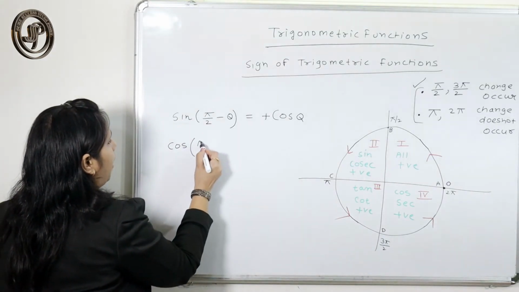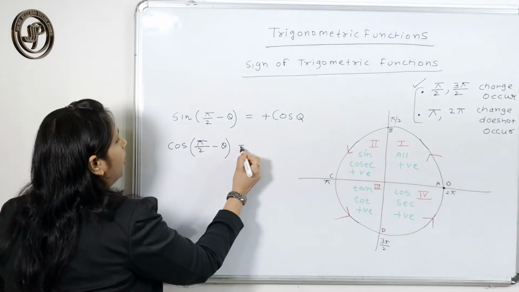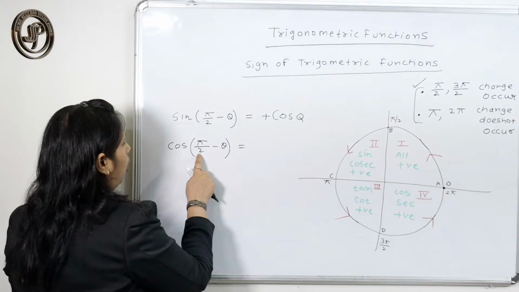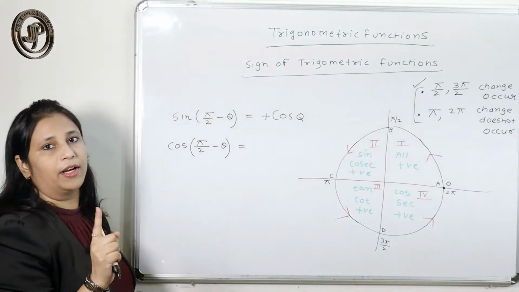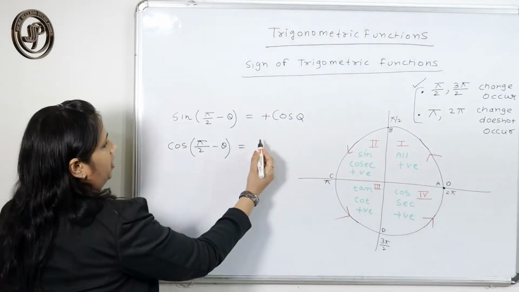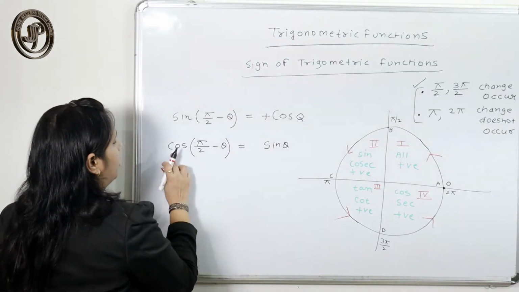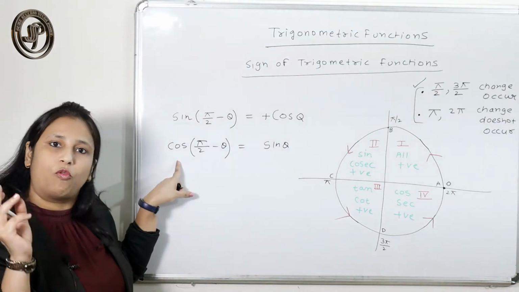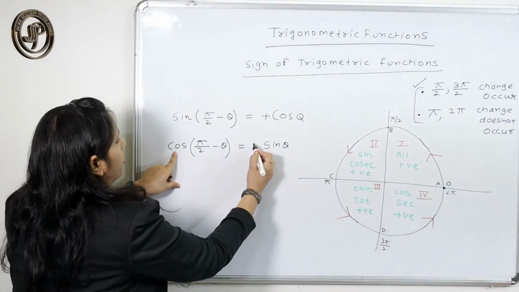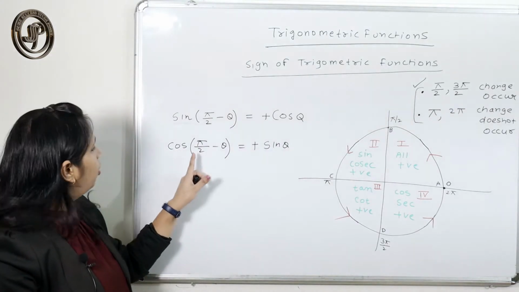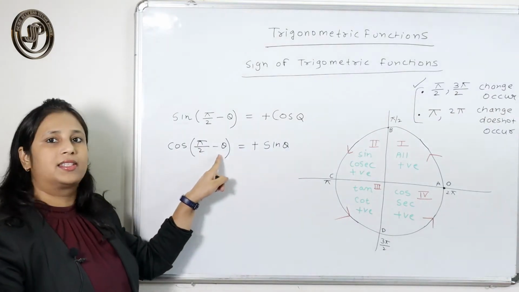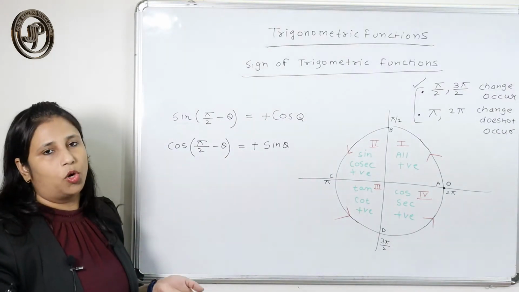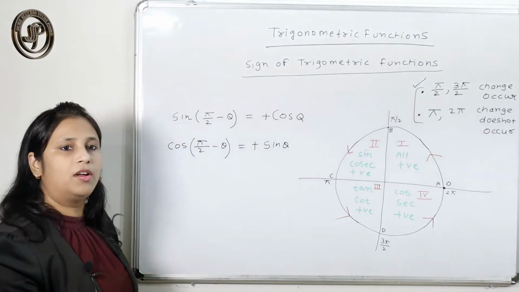Similarly, cos pi by 2 minus theta. First of all, here it is pi by 2, so the cos will change. And in which quadrant will you go? First quadrant, and in the first quadrant all are positive, because whenever you do pi by 2 minus, you always go in the first quadrant, so you just put the plus sign.